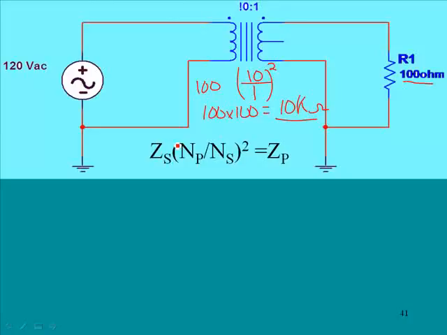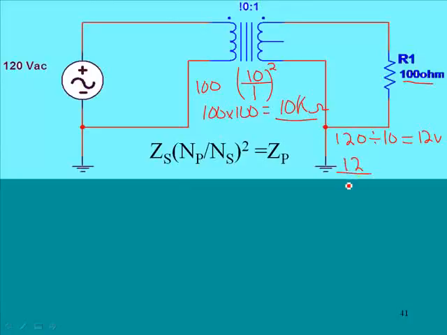First of all, let's look at what is the voltage in the secondary. We can see 10 to 1, we have 120 volts applied, we have a 10 to 1 drop, so we would have 12 volts in the secondary. So what is our current in the secondary?